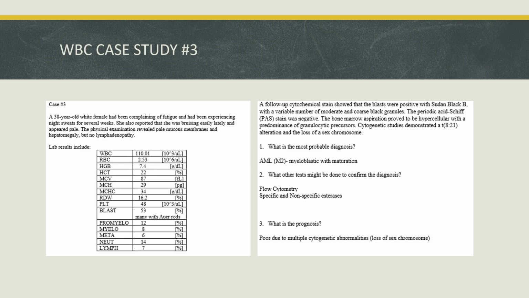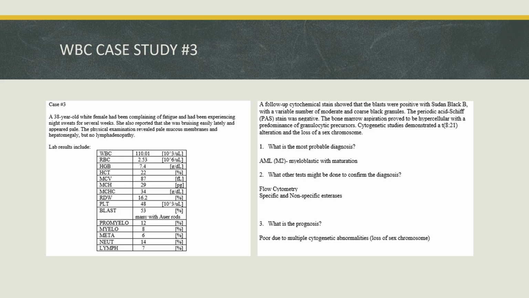The reason we know it's myeloblastic with maturation is because we see a variety of phases of maturation happening. So we've got blasts, which are the least mature. Promyelocytes, myelocytes, and metamyelocytes are all various phases of development. So that shows that there is a maturation process happening, even though they're immature. They're not all blasts.